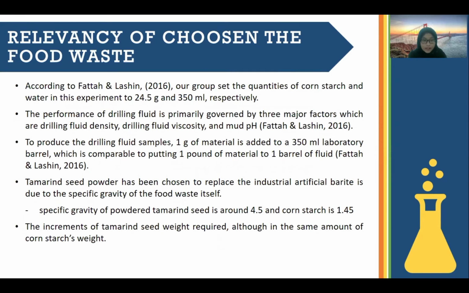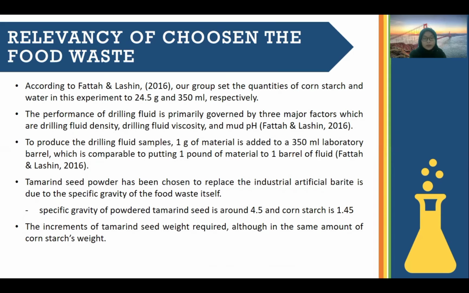According to Fatah and Lashin, our group set the quantity of cornstarch and water in this experiment to 24.5 gram and 350 ml respectively. The performance of drilling fluid is primarily governed by three major factors, which are drilling fluid density, drilling fluid viscosity, and mud pH. This is because aqueous liquid samples were prepared for this experiment.